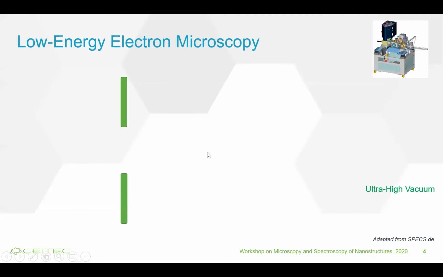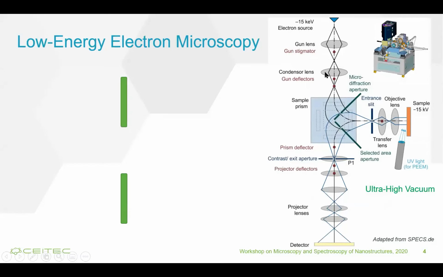For the introduction, the LEEM looks, from outside, like any vacuum instrument. It's a piece of stainless steel, but what's important is what is inside. We put our sample there, and with the electron gun, we form a parallel beam of electrons, which comes to the surface of the sample.